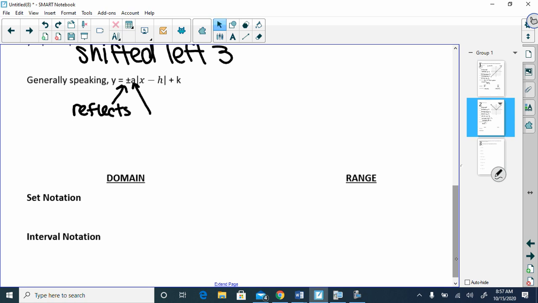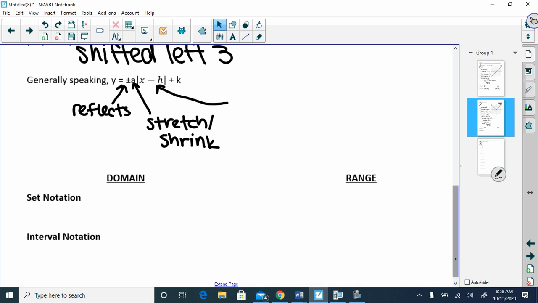Okay, and depending on what our a is, it might be a number like 3 or a fraction like 1/3 or 1/2. What is that going to do to our graph? Good. Okay.